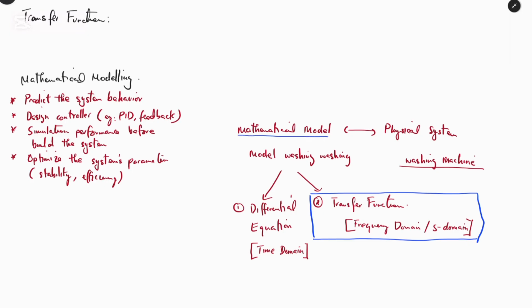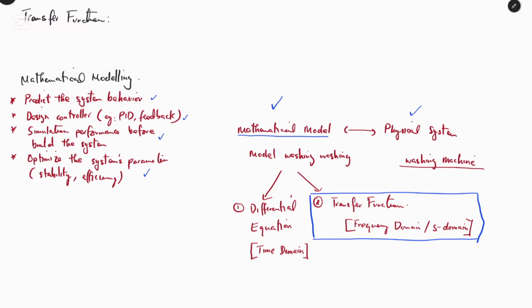We can analyze the mathematical model based on the system behavior, the design of the controller, the simulation of the performance, and the stability and efficiency of the system. If the mathematical model is correct, now we can proceed on to building a physical system. Because in a mathematical model, we are not actually building the system, but it helps us to predict the behavior of the system without physically testing the system.